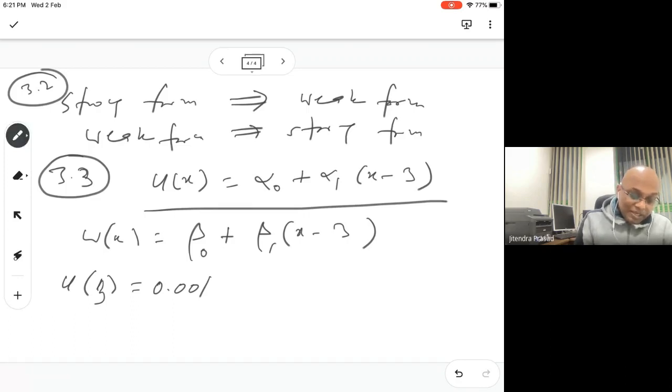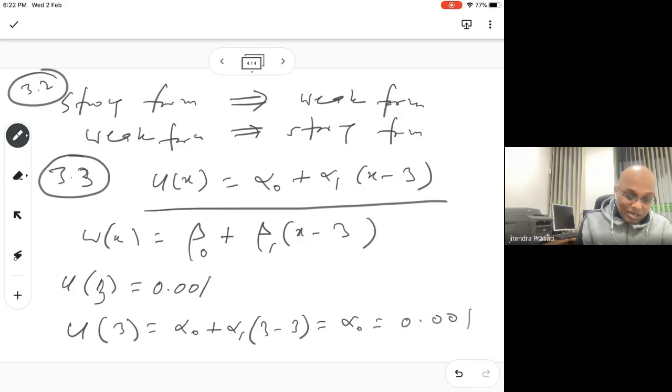And how will you do it? You put u, not w, but u. Then we put the value 3: u(3) is equal to alpha naught plus alpha 1 times (3 minus 3), which is equal to alpha naught, equal to 0.001. So you get the alpha naught value to begin with.